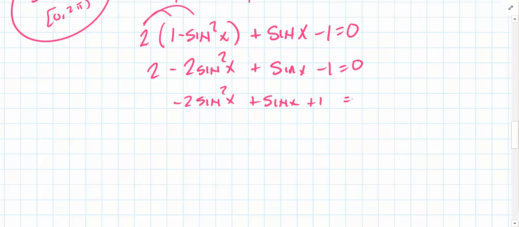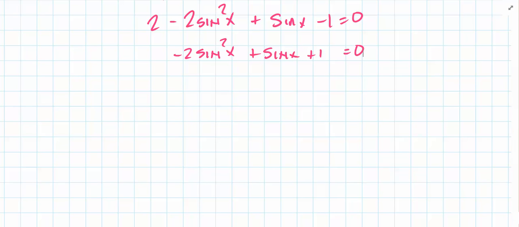Plus a 1 equals 0. Before I factor, I like to have positive coefficients in the front, so I'm going to multiply the whole thing by what? Negative 1. Very good. 2 sine squared x minus sine x minus 1 equals 0. All right. Now we're in good shape.